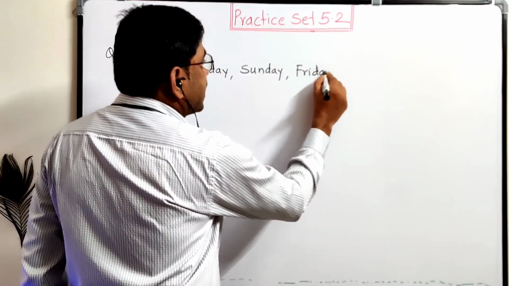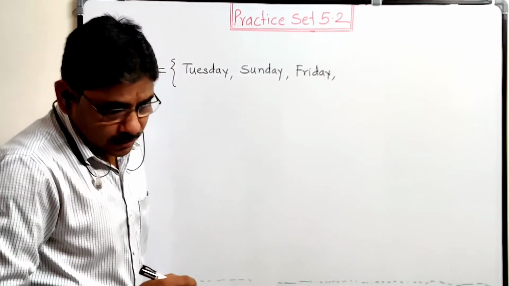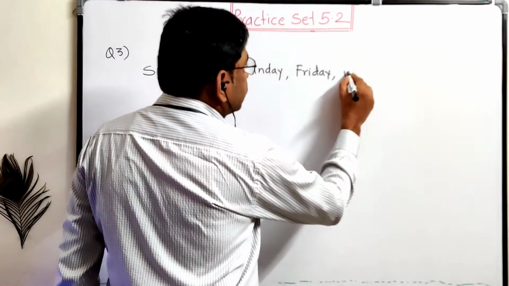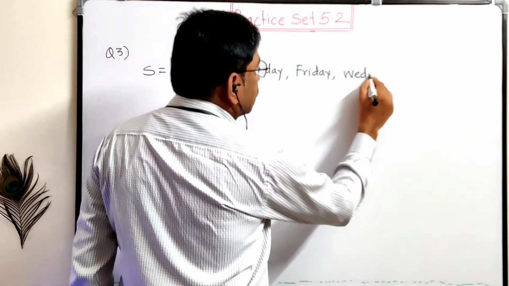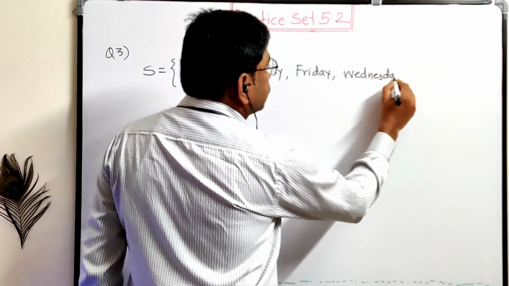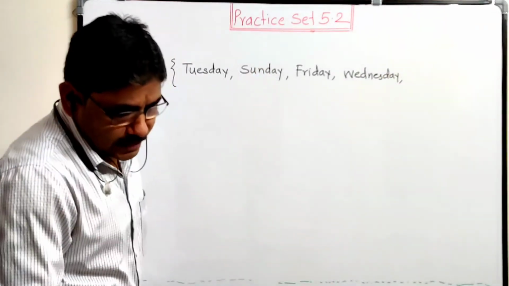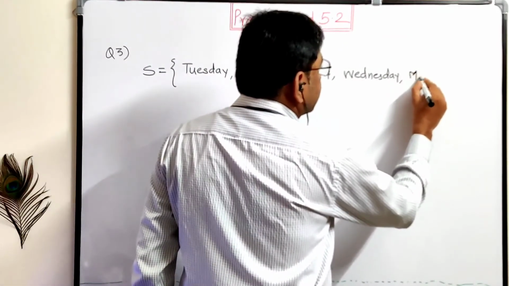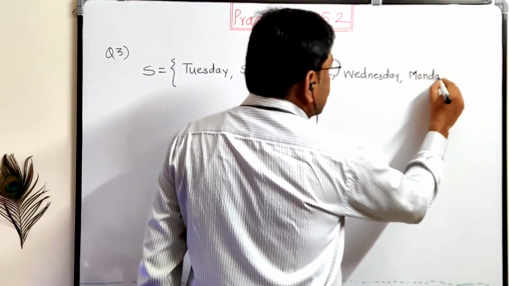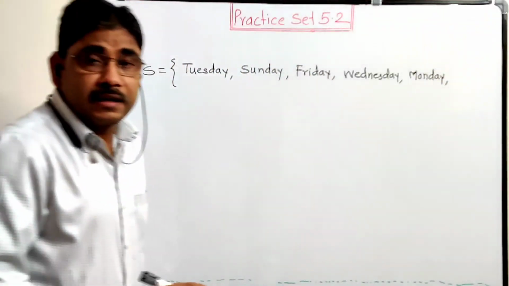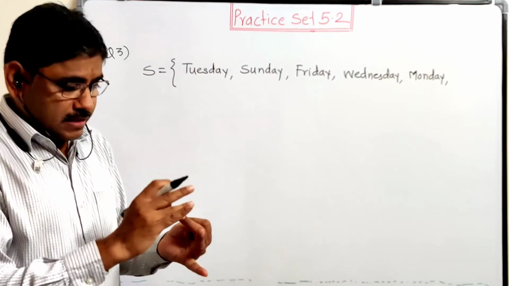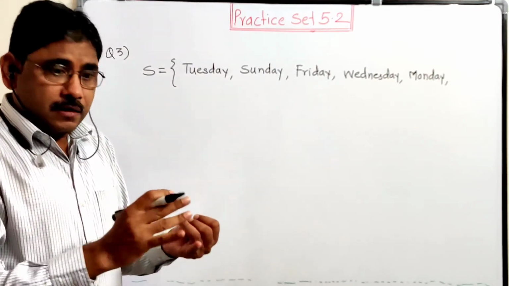So the day means Friday. Then 20 is Wednesday. The next one, 25, is on Monday. These are the multiples of 5. The dates are multiples of 5. And 5 2s are 10, 5 3s are 15, 5 4s are 20, 25.